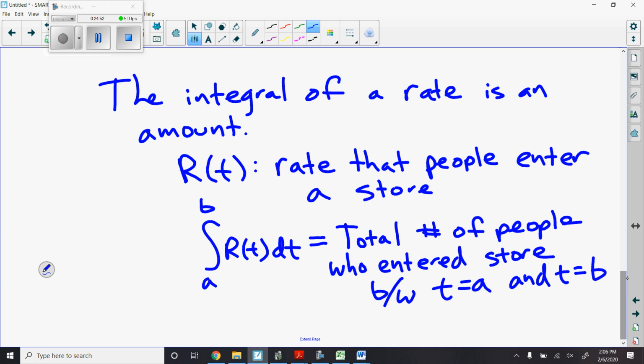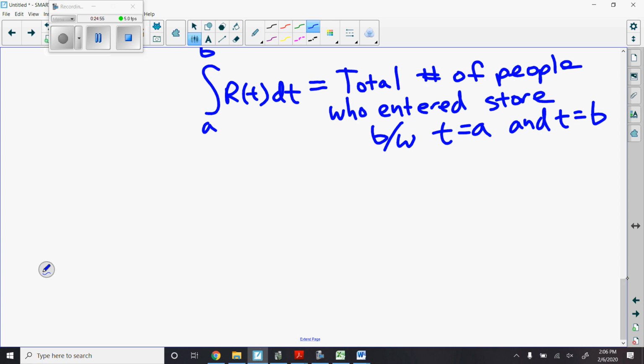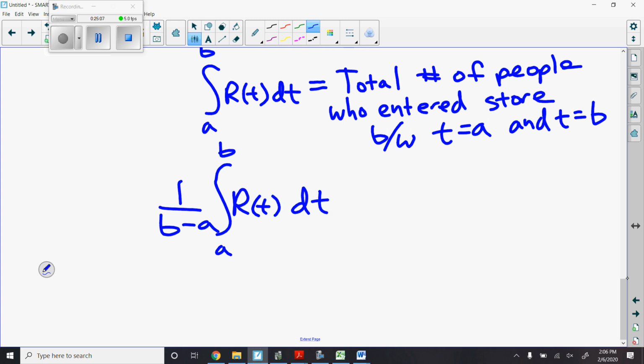So taking one more look at that, using this rate of people entering the store. The integral from a to b of r of t dt is the total number of people who entered the store, but 1 over b minus a times the integral from a to b of r of t dt, that would be the average rate that people entered the store. Because it's the average value, right?